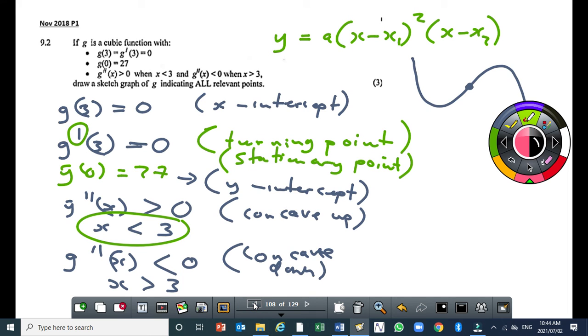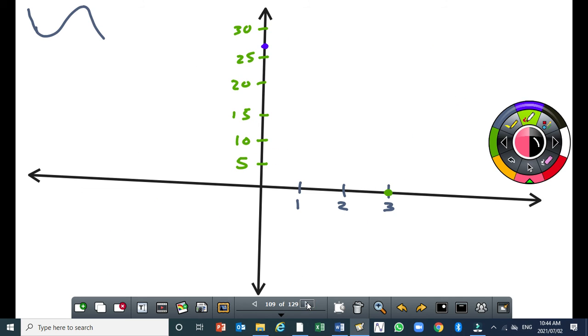Okay, we have got x equal to 3, y equal to 0. This is fine. At x equal to 3, there we have got a turning point. Then on the other side, it's going to look like that. If I started from the top, then I go over. It's not wrong for me to think.